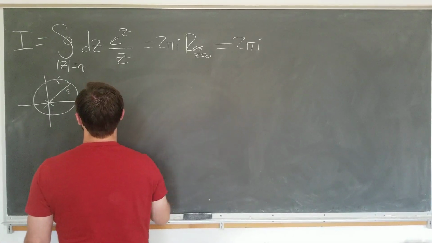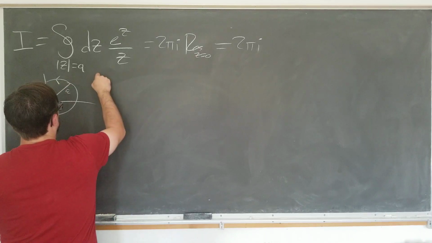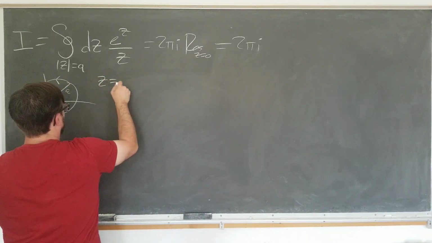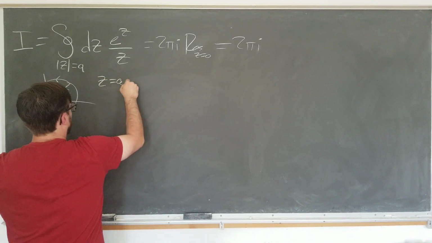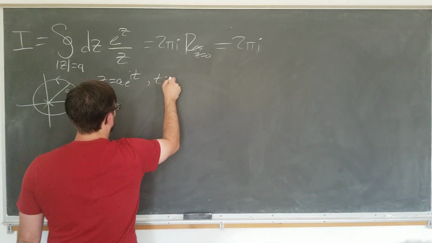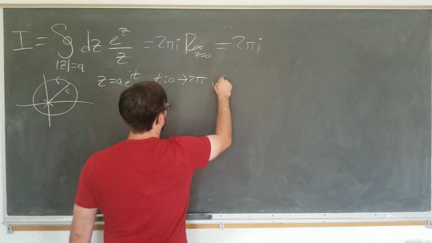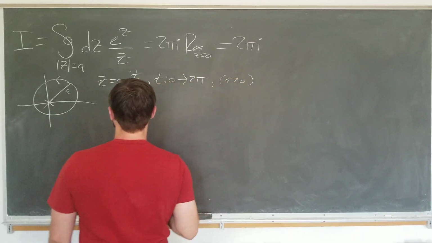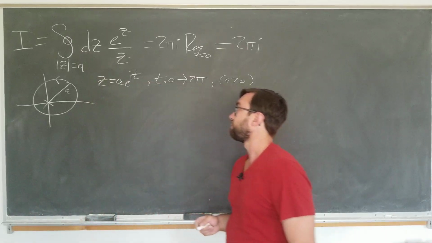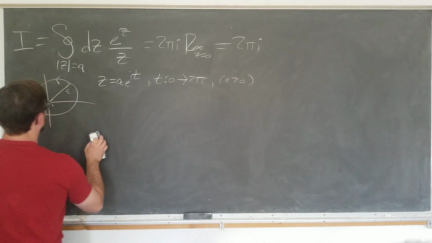So, let's begin by parametrizing by z equals a e to the i t, where t is going to go from 0 to 2 pi. Obviously, a has to be greater than 0 for this to work. And let's go ahead and rearrange some stuff here.